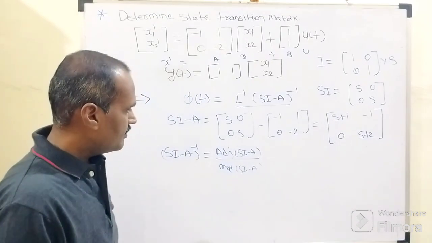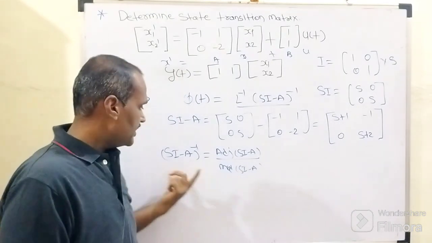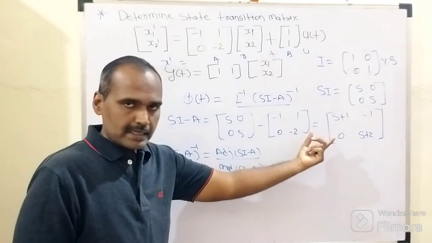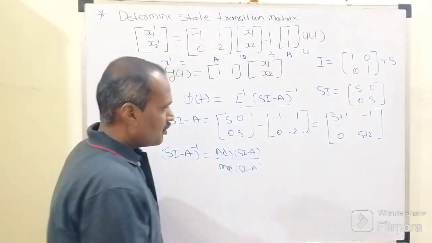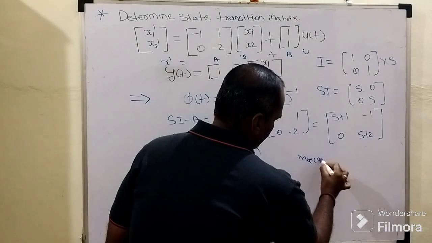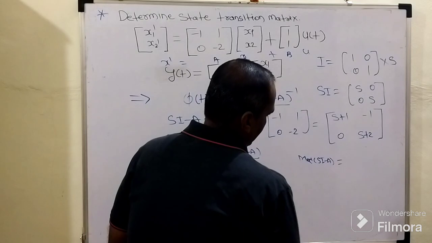First of all, we will try to determine the denominator of this whole term. The denominator is the modulus of this SI minus A, right?